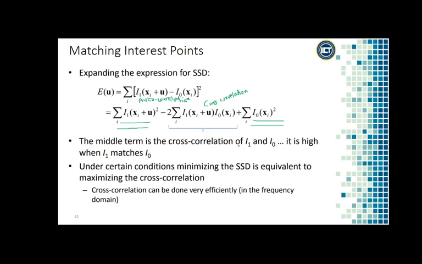The middle term is the cross correlation of I1 and I0. It is high when I1 matches I0, and low when it does not. Under certain conditions, minimizing the SSD is equivalent to maximizing the cross correlation. That's what we want when it is performed efficiently in the frequency domain, because then we do not have to perform a convolution operation; we can just perform multiplication.